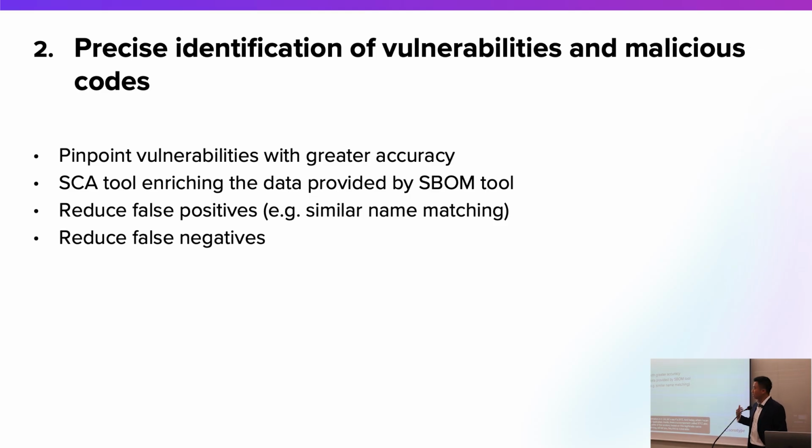But actually, if you go down to the class file, there isn't any vulnerability in it. So how we do it is that we go down to the class file and make sure that the class file itself does not have vulnerability. This is how we eliminate some of the false positives.